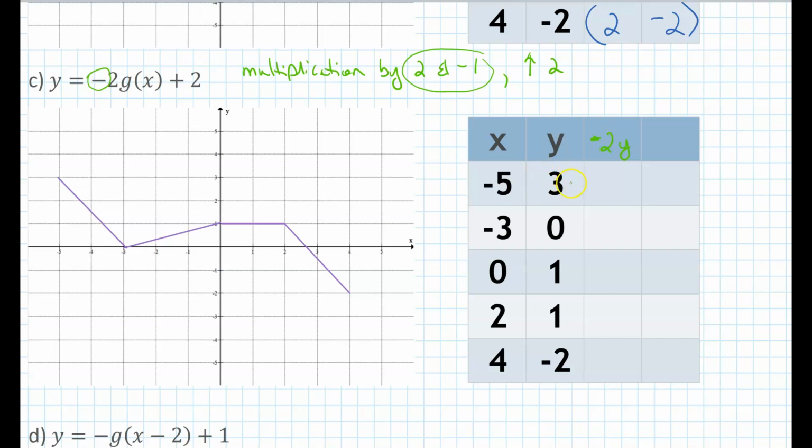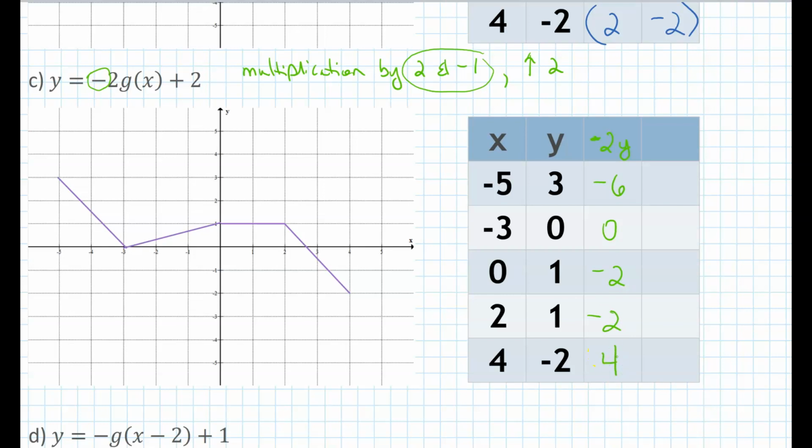All right, so 3 by -2 is -6. 0 by -2 is still 0. 1 by -2 is -2. Again, -2. And then we have -2 by -2 is +4. Okay.